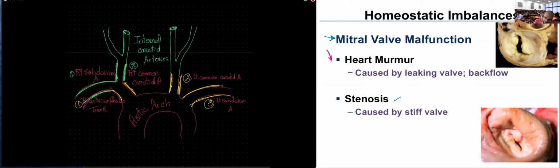What do you think? What would we name the ones that are traveling outside of the skull, if the ones traveling inside are internal carotids?